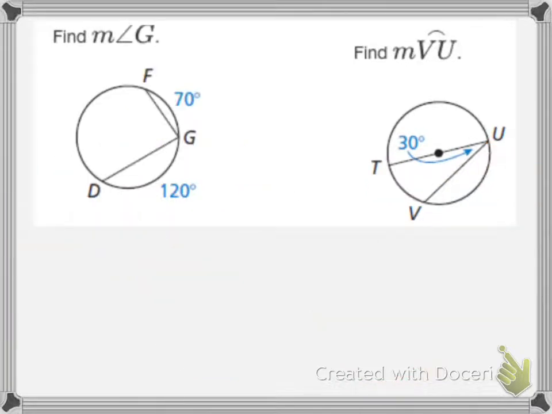The next two, find the measure of angle G. Remember that angle G corresponds with arc DF. So if we found arc DF, we could half it to find the angle. So in order to know that, if you look, we have all of the pieces except for one in a circle, and we know that all of the arcs add up to 360 degrees.